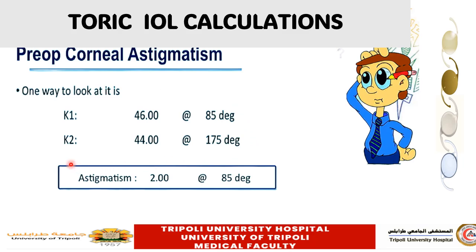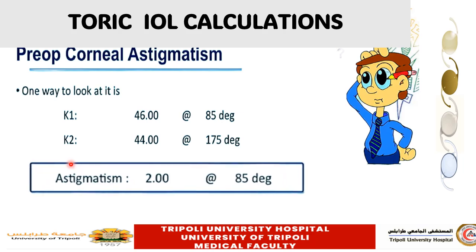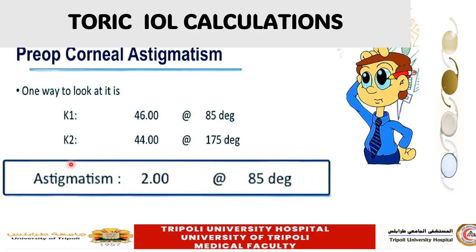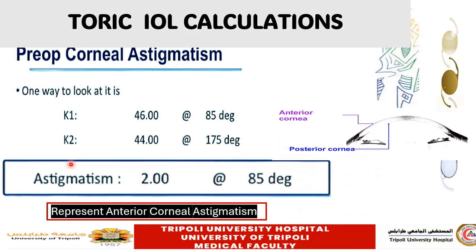That's why machines that use the Placido's disc, manual keratometry, or the autorefractive keratometers usually give the K1 and K2, which represent only the anterior surface of the cornea. And for any toric IOL calculation, it is mandatory to include the posterior surface of the cornea. Now, what's the importance of the posterior surface of the cornea?